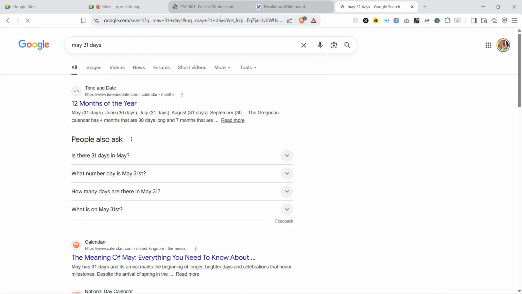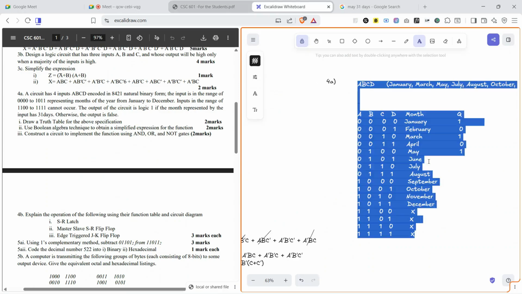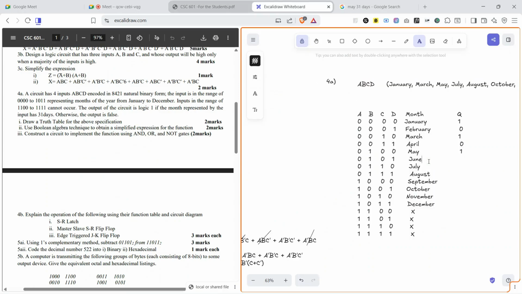June 0, July 1, August 1, September 0, October 1, November 0, December 1. So we are not done.